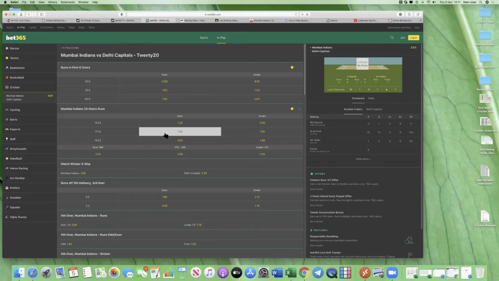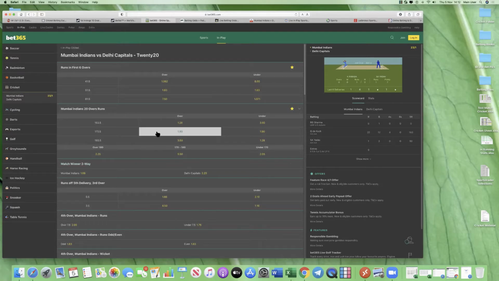Now the other thing, the good one, is when 365 go out of line on their run lines on the first 20 overs. They might have an opinion and go, say, 178, and on Betfair it might only be 171, and that happens quite a lot.